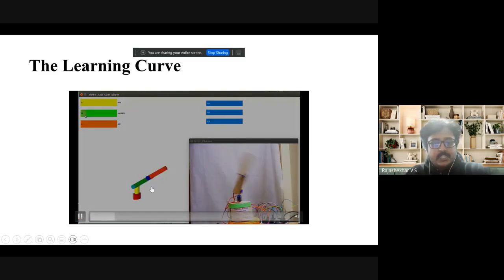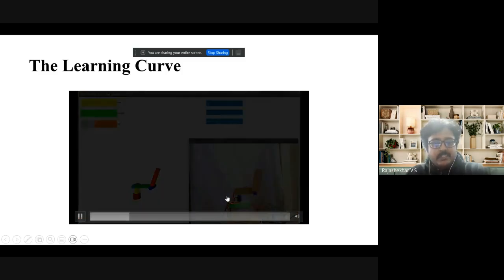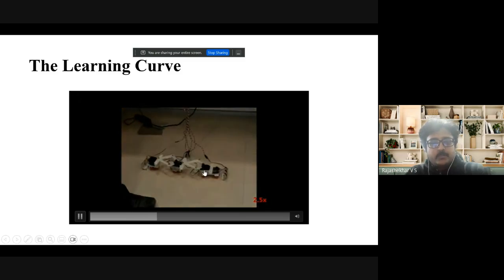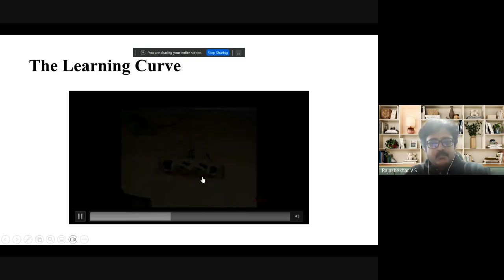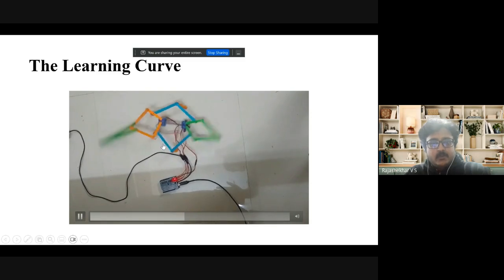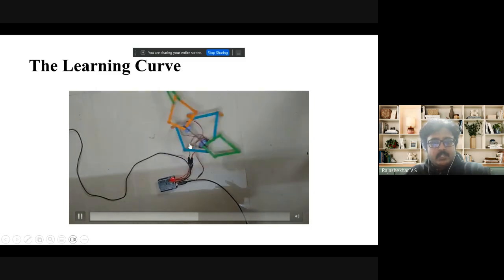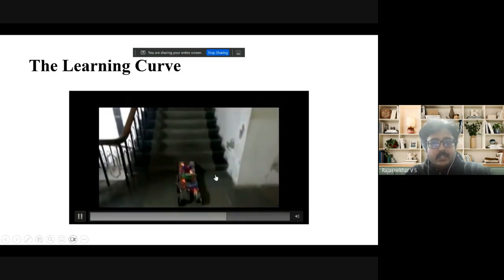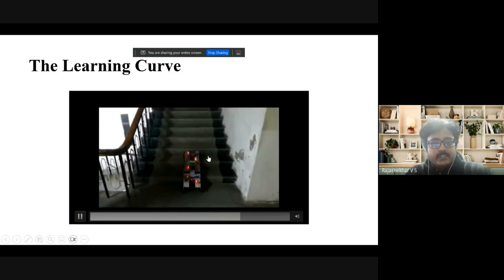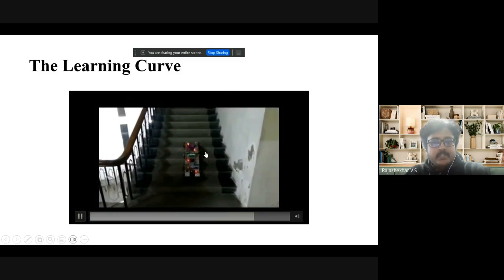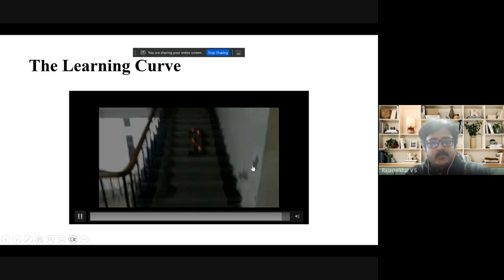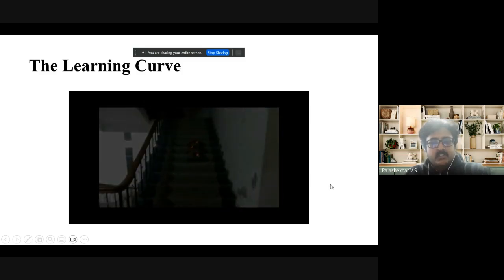You can start with a robotic arm, and then you can try to venture into mobile robots such as crawling robots, as you can see over here, and then you can get into legged robots. The difficulty gets a little bit more, and then you can get into stair climbing robots or wall climbing robots, for which the difficulty is much more, and then into aerial robotics, that is the robots which fly in the air.